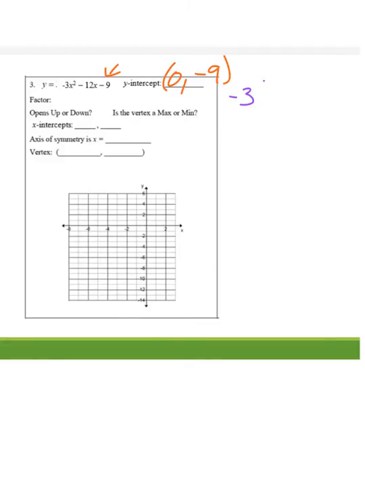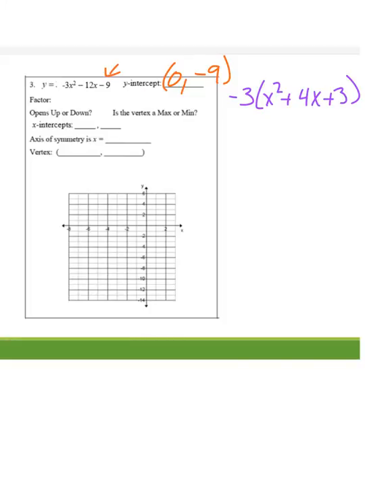So negative 3 times x squared plus 4x plus 3. And to double check my work, negative 3 times x squared is negative 3x squared. Negative 3 times a positive 4x is that negative 12x. And negative 3 times a positive 3 is a negative 9. So we're good. It all checks out.